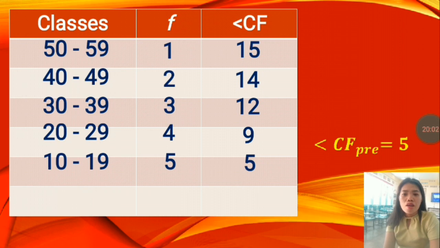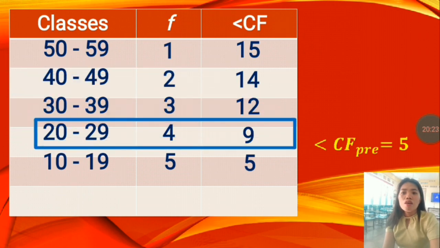Okay? Were you able to follow? So again, you just copy first the last frequency for your less than cumulative frequency, then just add the next frequency and do the same procedure as you go along. Okay.